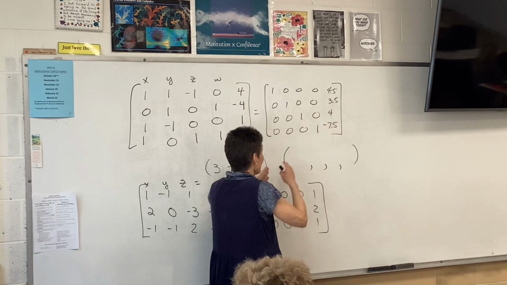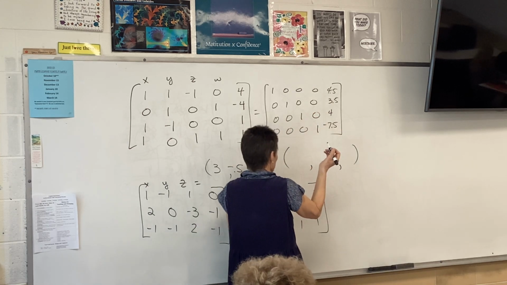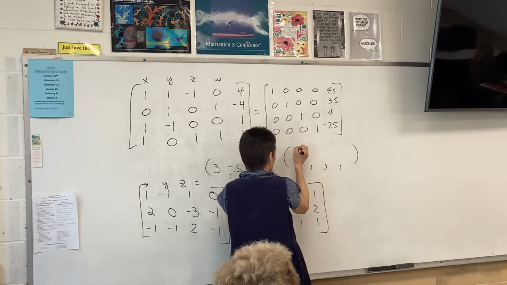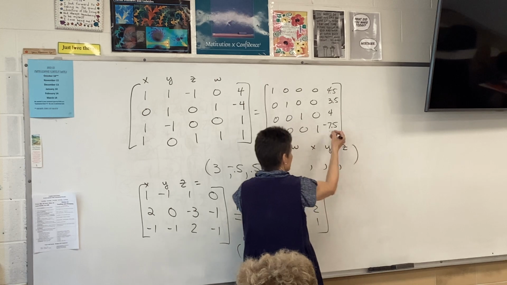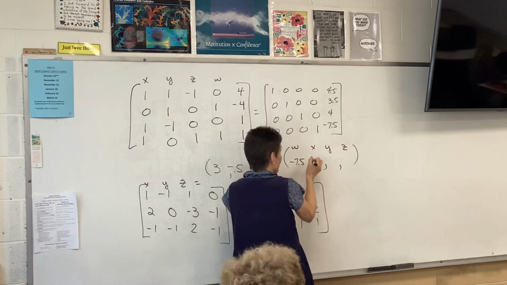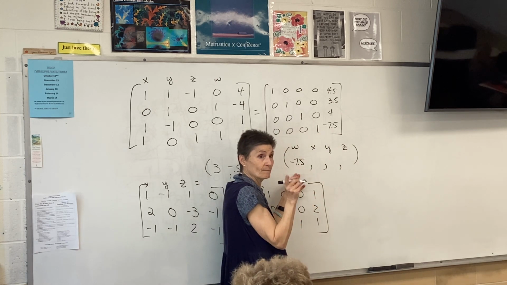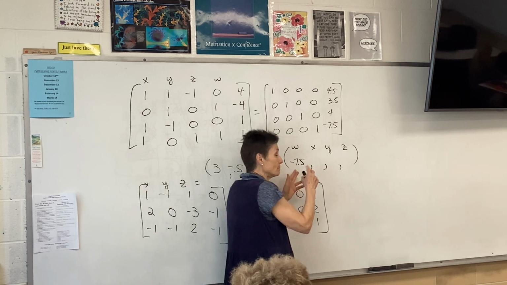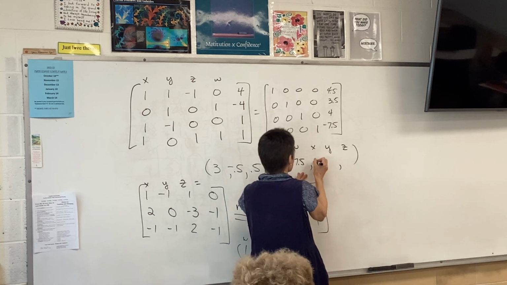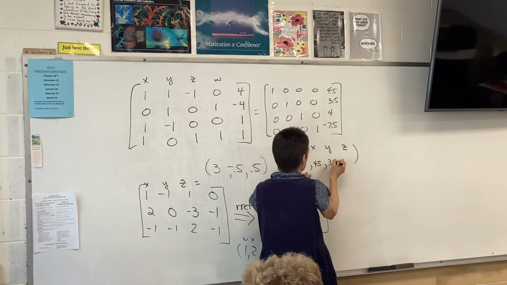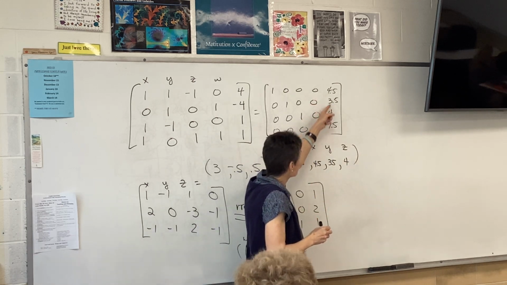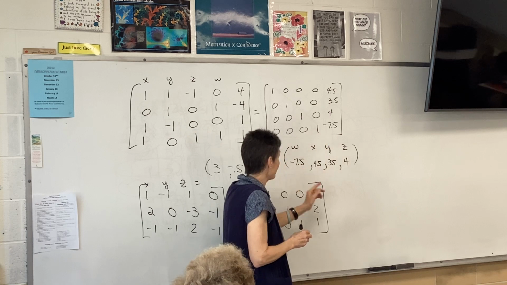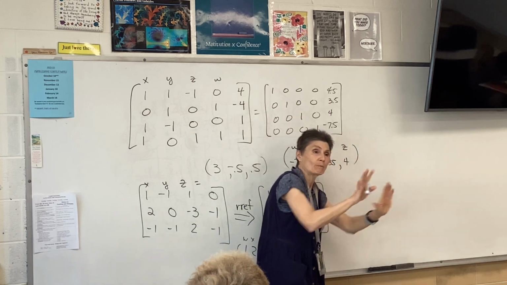So if I line them up in the order Geo did, and start with W, I can do that. That keeps them alphabetical. That's a good idea. I got -7.5 for my W. Is that what you got? Yep, doesn't matter what order, we'll just do it alphabetically. So X is 4.5, Y is 3.5, and Z is 4. Now, if you wrote them in this order and labeled them X, Y, Z, W, that would be fine too.